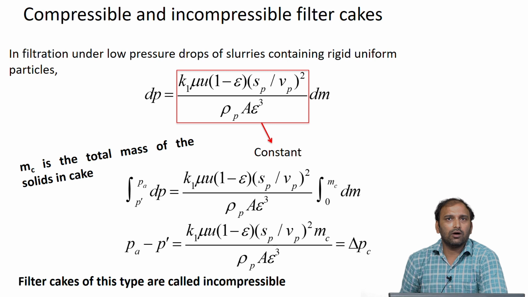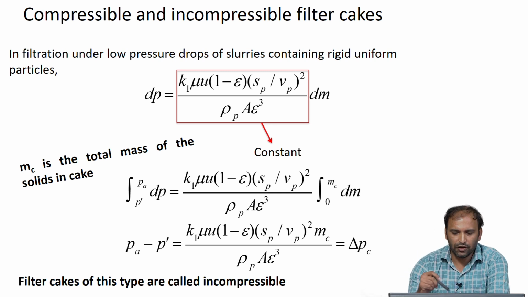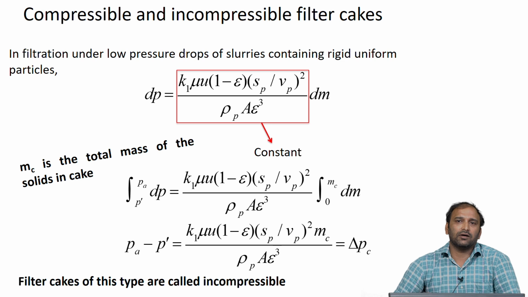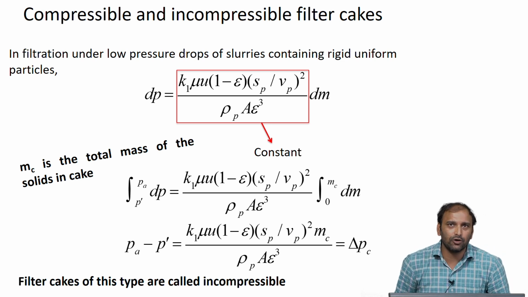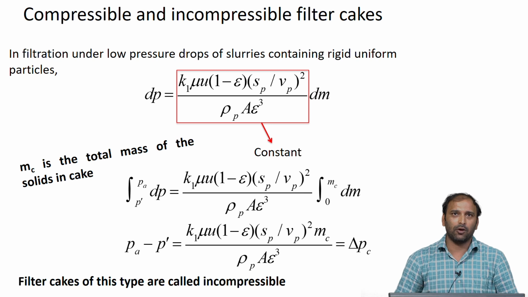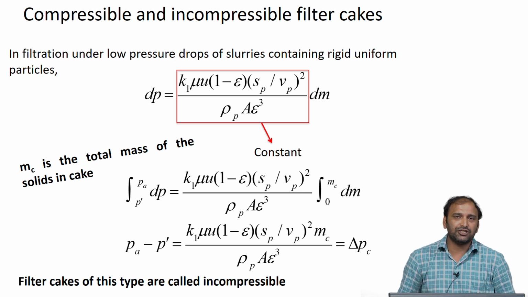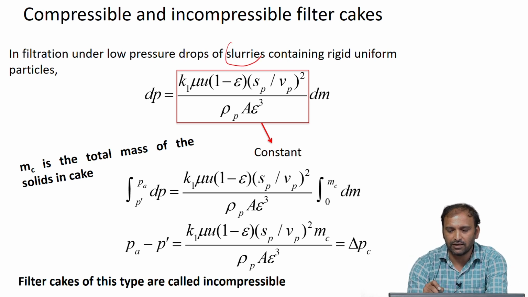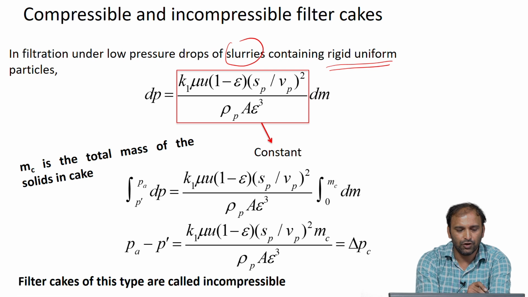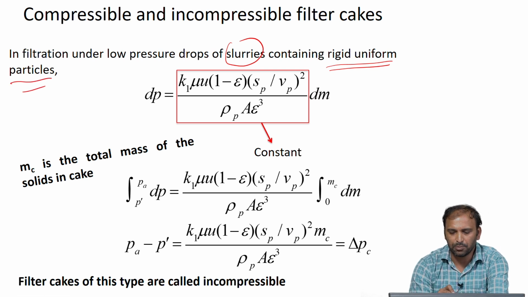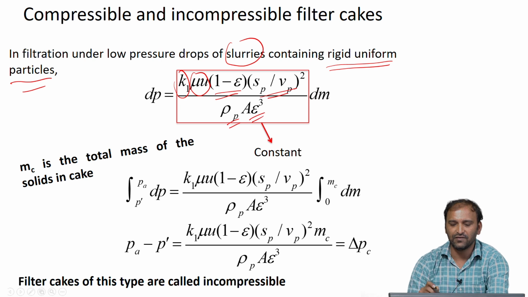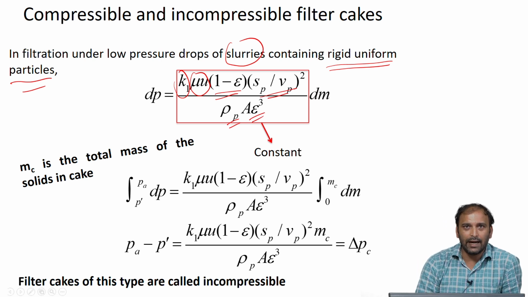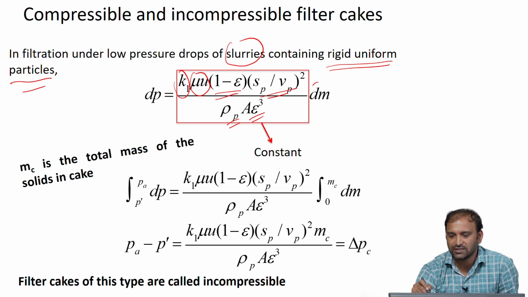Now if you are doing a filtration operation, and you ensure that you are carrying out the filtration under conditions where the pressure drops are very, very low, and you are working with a slurry which contains rigid uniform particles, all the prefactor including k1, mu u, 1 minus epsilon, Sp by Vp, rho p, all of these are constants, and the only variable that I have is dm.